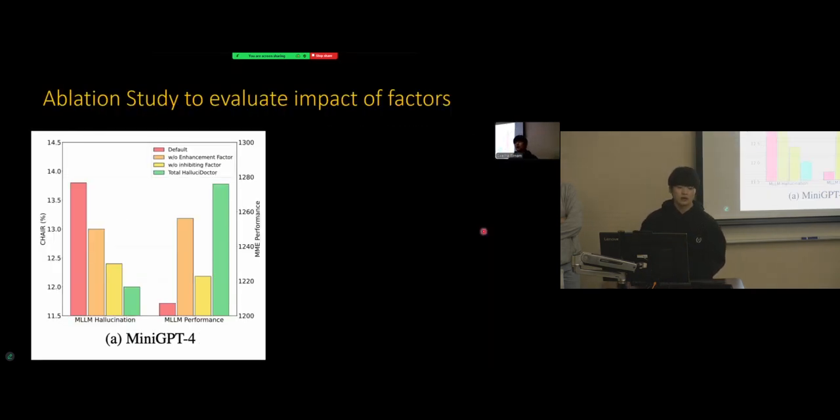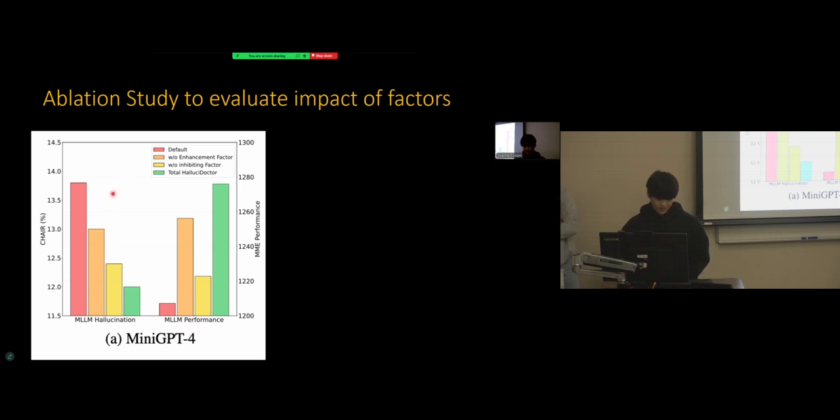And finally, they also did the ablation study to evaluate the impact of both factors, I mean the enhancement factor and the inhibition factor. You can see they used the CHAIR score for the hallucination evaluation and the MME score for the general performance evaluation.